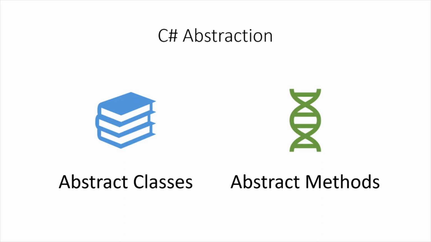So basically, abstract means you are just giving a structure of a class. Let's say we create an abstract class of vehicle, where we just give basic properties and an abstract method, but we don't do much.